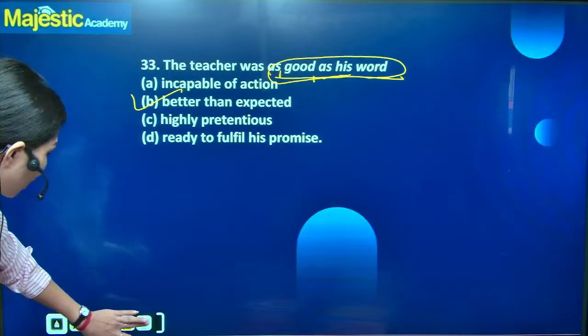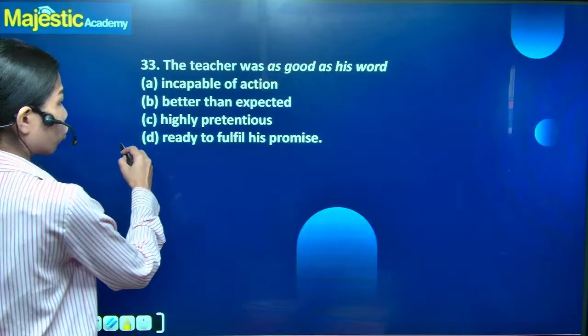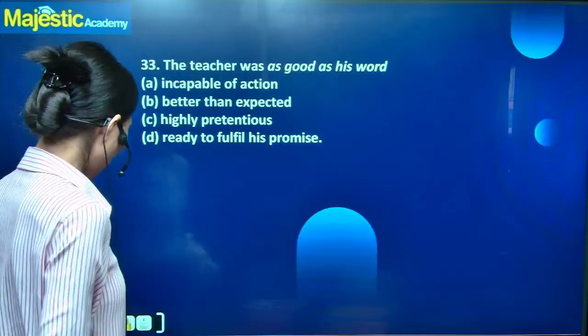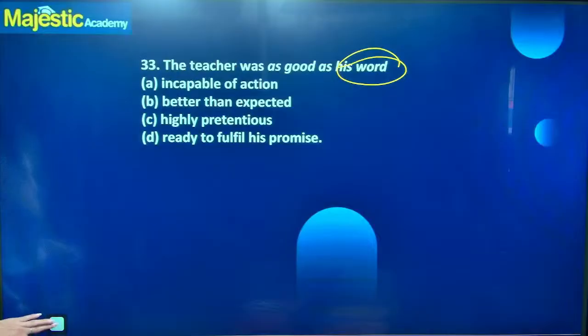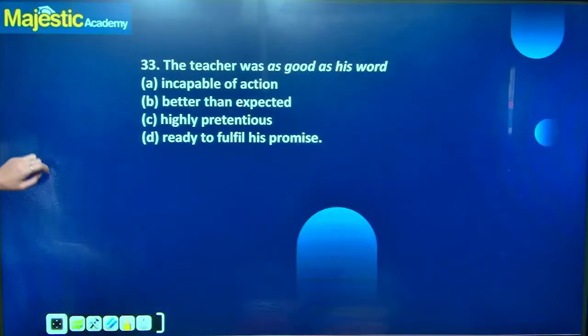Okay, sorry, the option should be ready to fulfill his promise because we have the word in the sentence. ठीक है? So promise आपका option number D, ready to fulfill his promise.